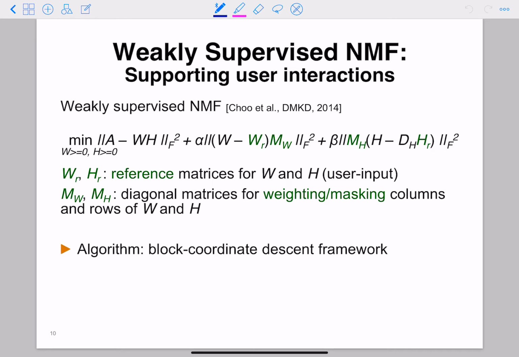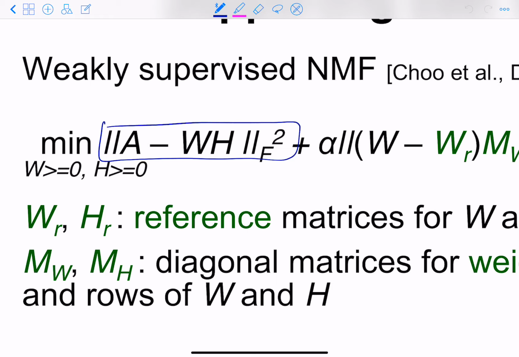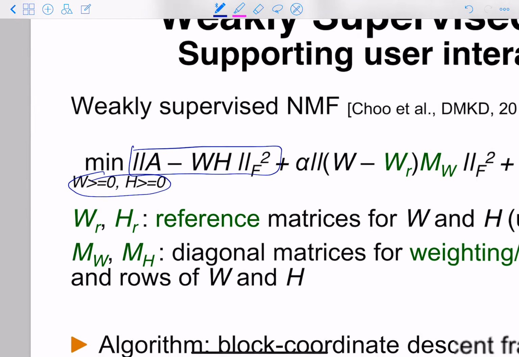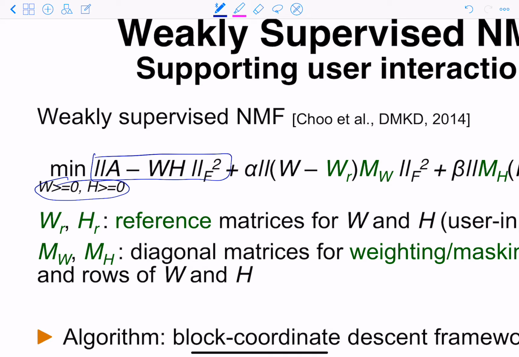So let me just explain a little bit on this. We have this original criteria and non-negativity constraint, right? And then here, let's consider the first regularization term with some hyperparameter alpha.